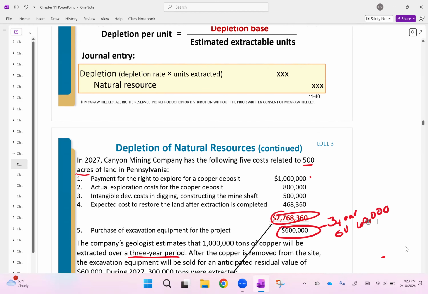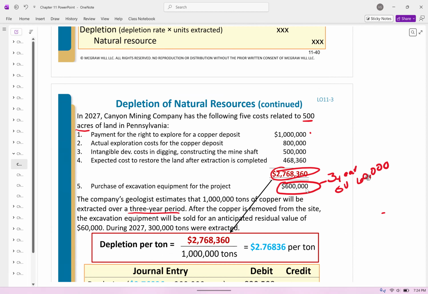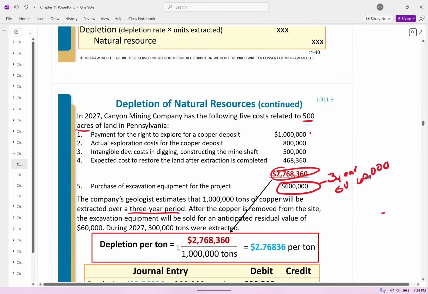So they're going to come down here. We're going to calculate the depletion. Notice we did not add that 600,000 in, because that's going to be its own expense. So we take that total, divide it by 1 million tons, and we get this really long number per ton.